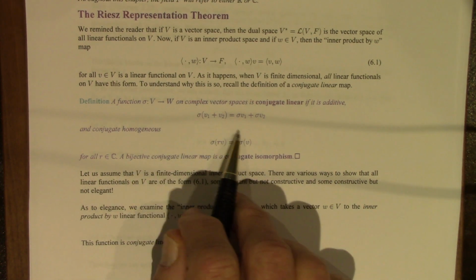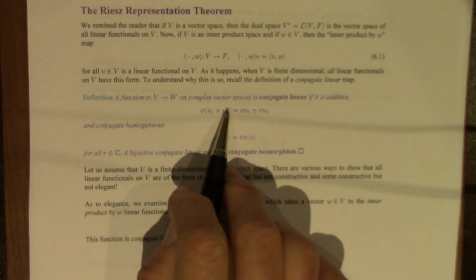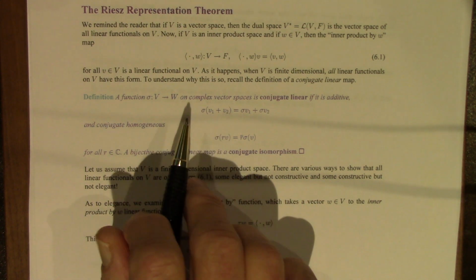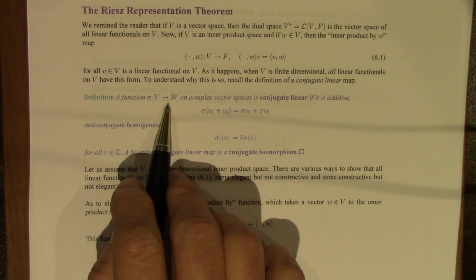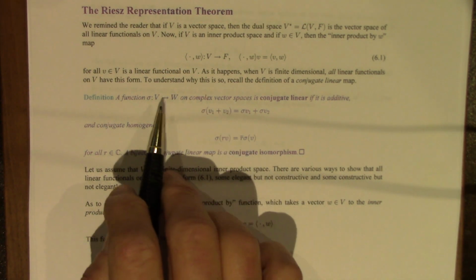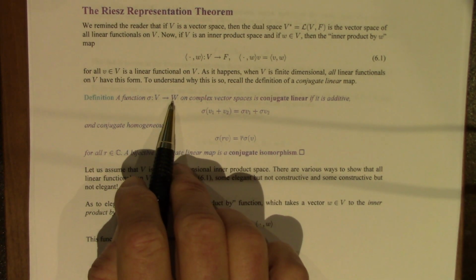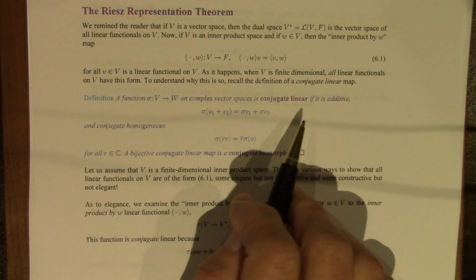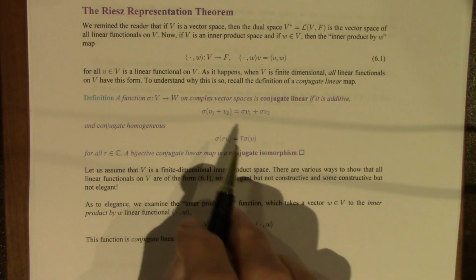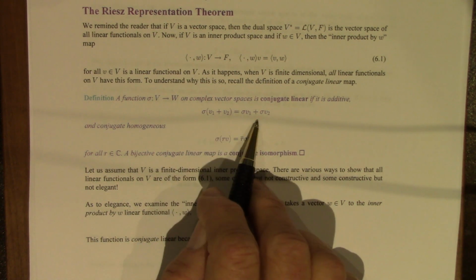this is a definition that I gave earlier in the lecture series. A function sigma from V to W, and these are complex vector spaces, is conjugate linear if it's additive, and that's what this looks like.